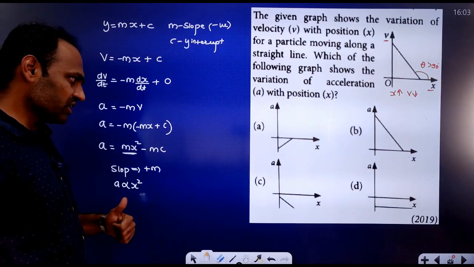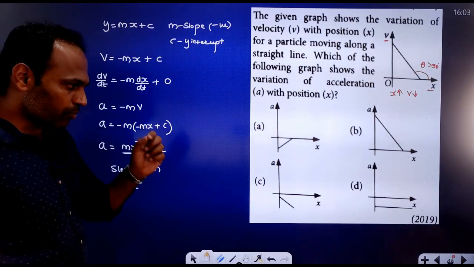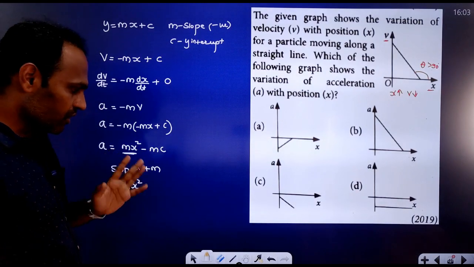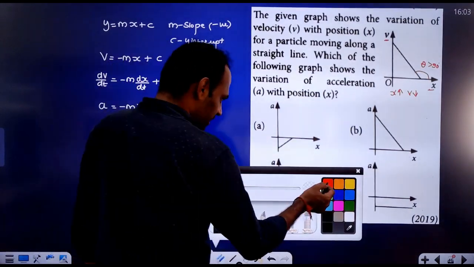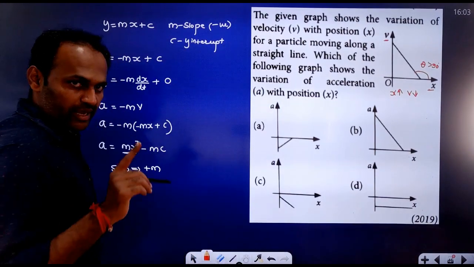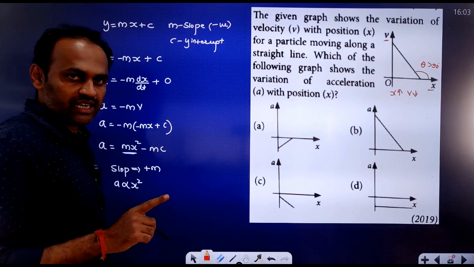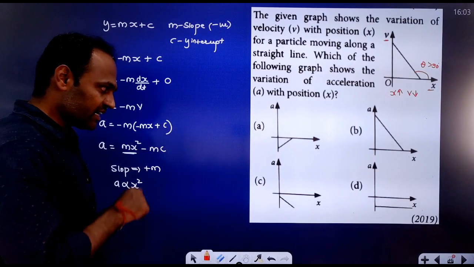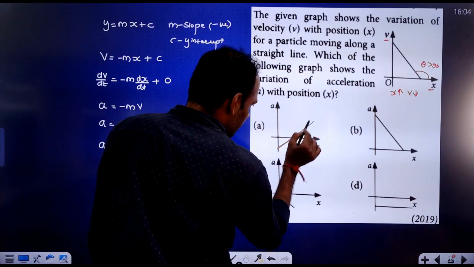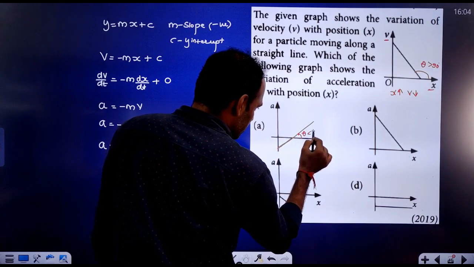Slope positive means, with respect to the positive x-axis, the line should subtend an angle less than 90 degree. So here we are having a straight line. What is the angle of this straight line with respect to the x-axis?